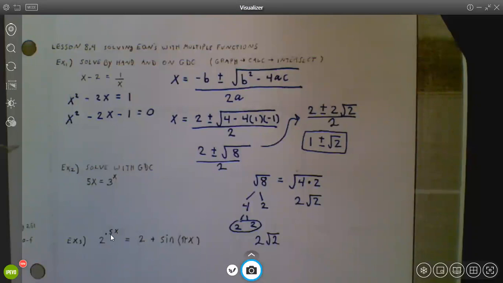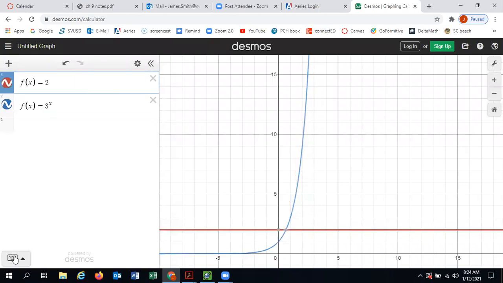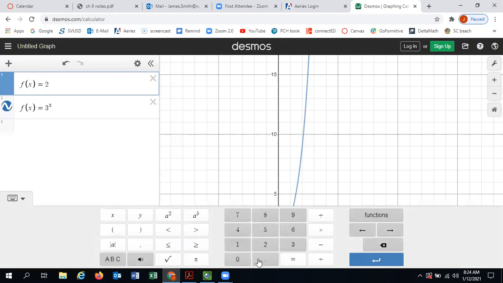Graph 2 to the 1/2 x as your first one. So 2 raised to the 1/2 x. It's going to be our first one.